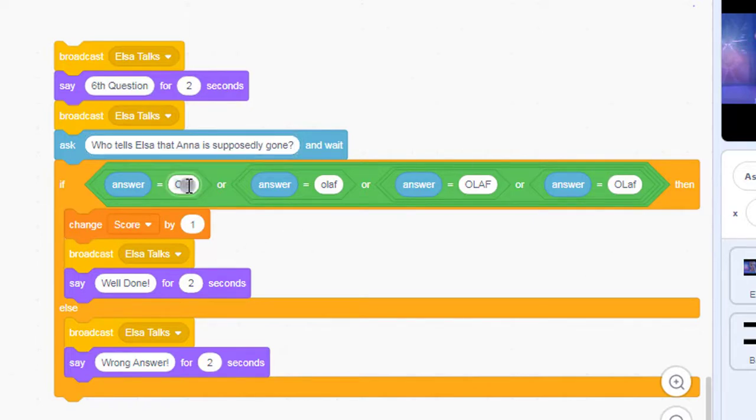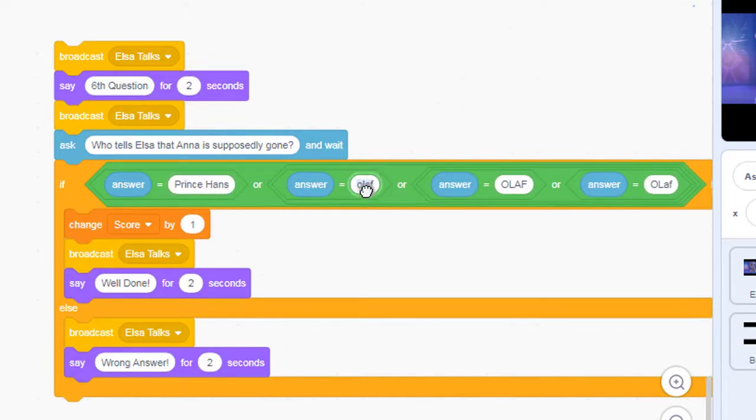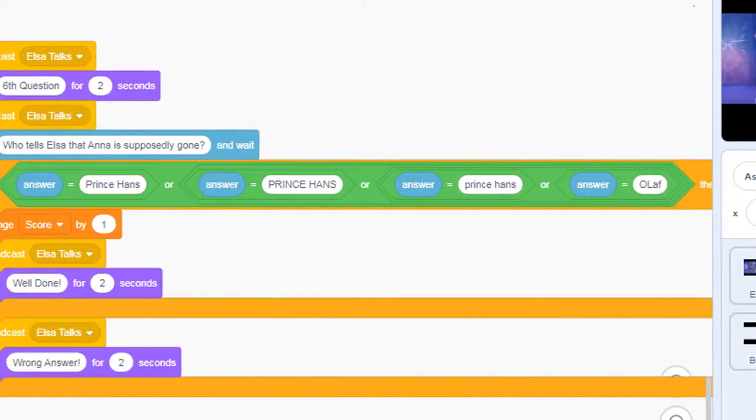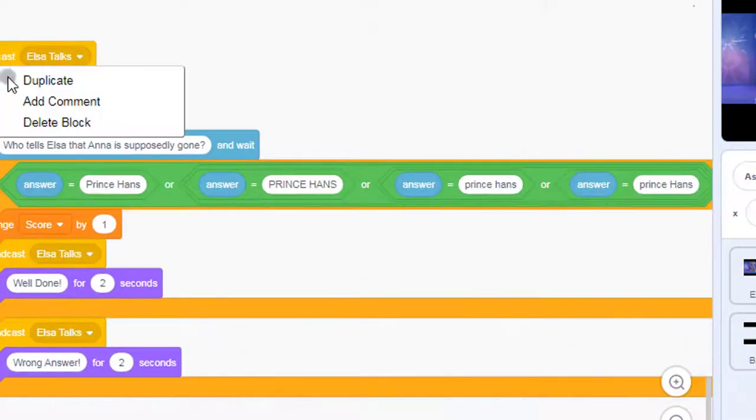And the right answer is, think about it, is Prince Hans. So Prince Hans. This is the sixth question. Okay, I will duplicate it again.